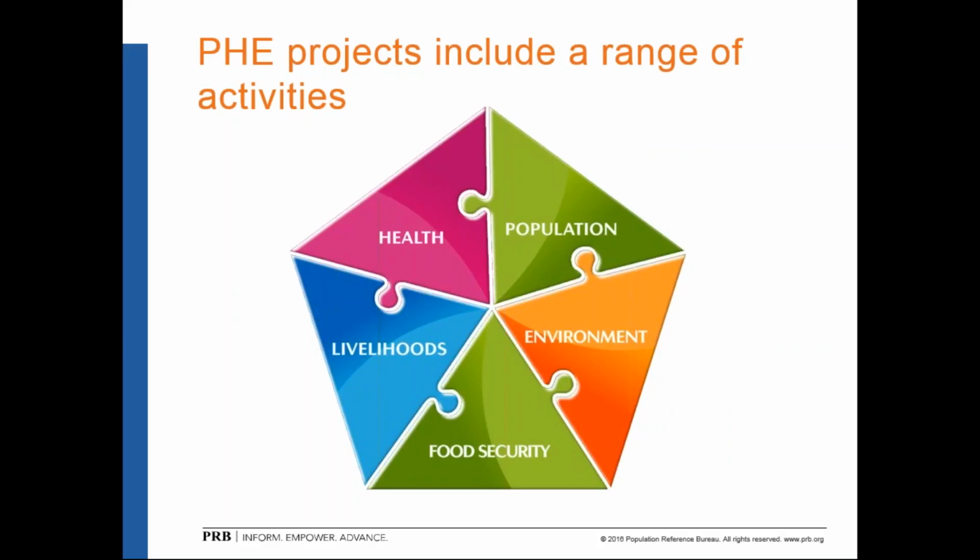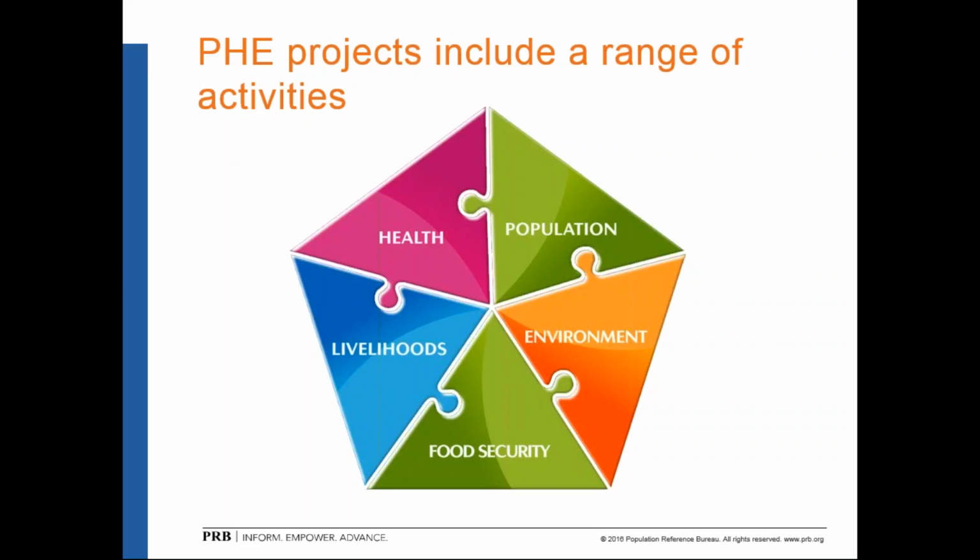So as I've mentioned, PHE projects include a range of activities. The population interventions often include family planning or reproductive health service delivery and behavior change communication. The general health interventions can include things like HIV/AIDS awareness, prevention, and treatment, comprehensive maternal and child health services, and water, sanitation, and hygiene improvements.